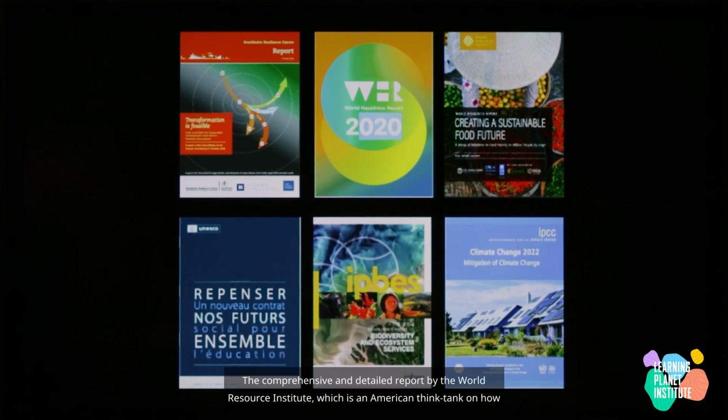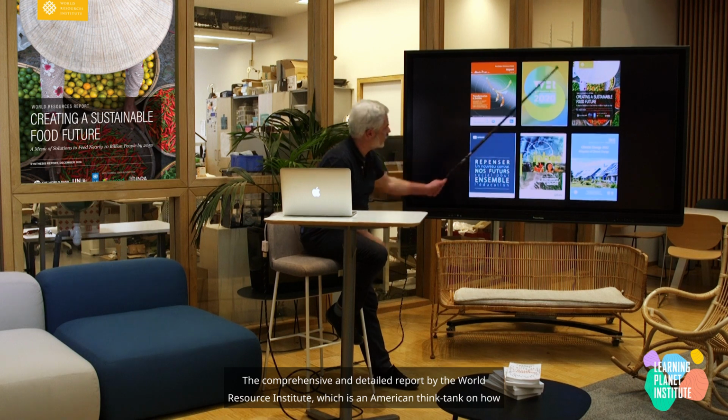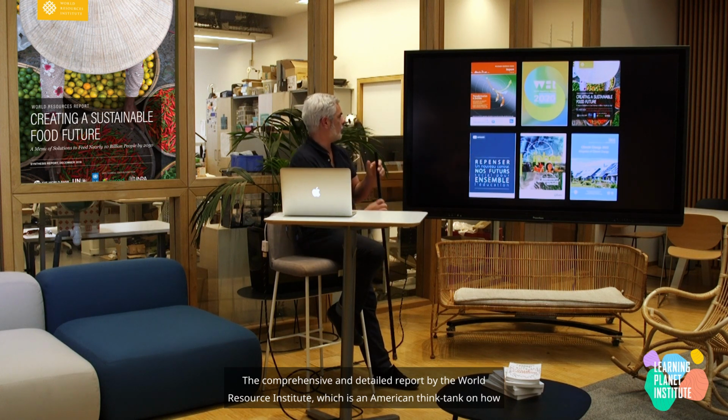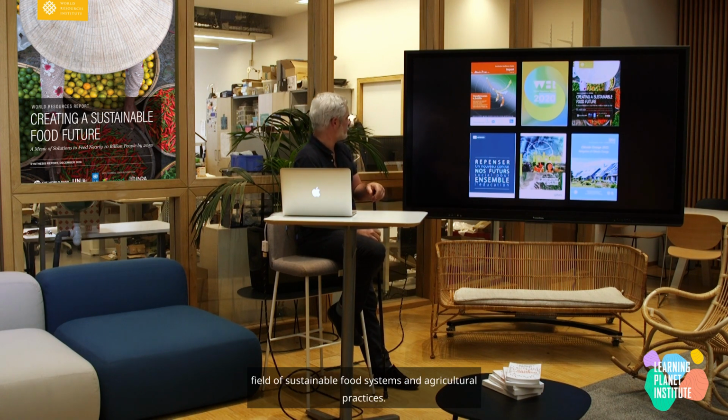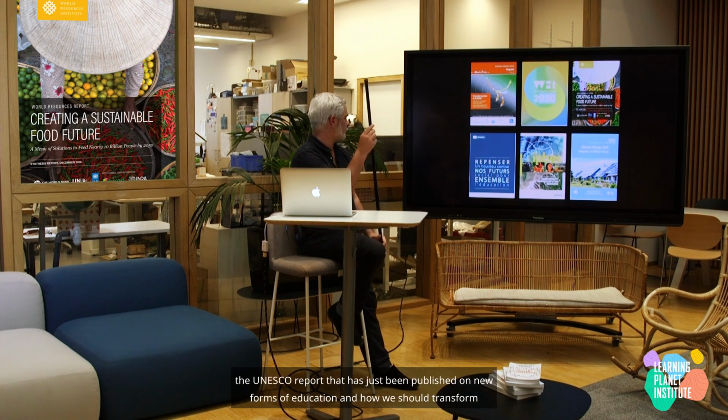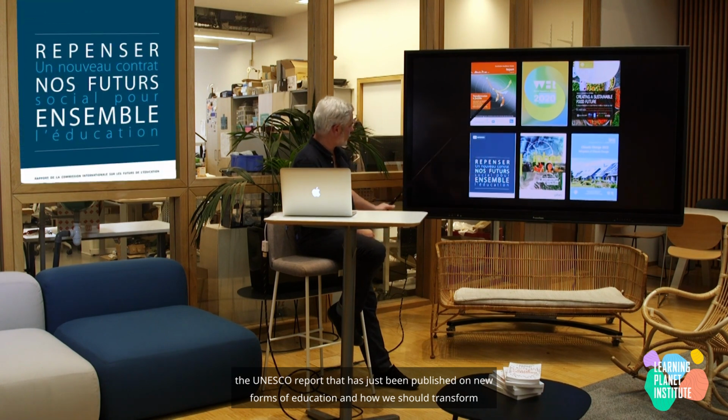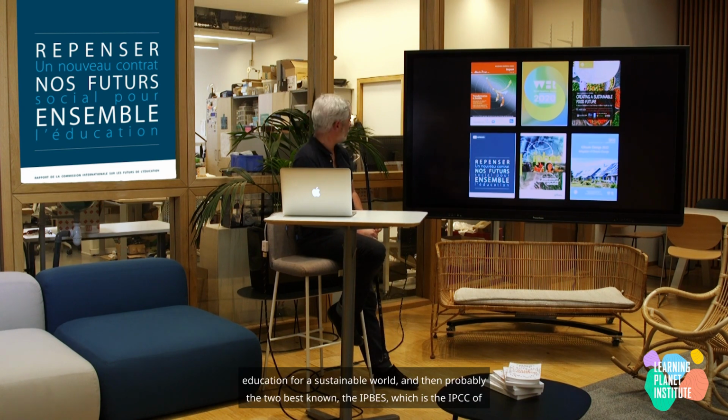The comprehensive and detailed report by the World Resource Institute, which is an American think tank, on how to create sustainable food systems, was led by Tim Searchinger, who is a highly regarded specialist in the field of sustainable food systems and agricultural practices. The UNESCO report that has just been published on new forms of education and how we should transform education for a sustainable world.